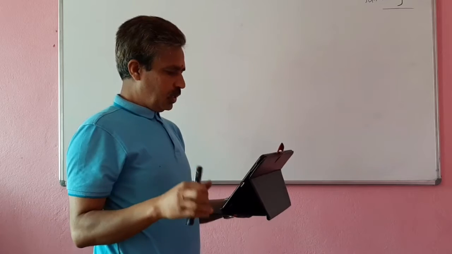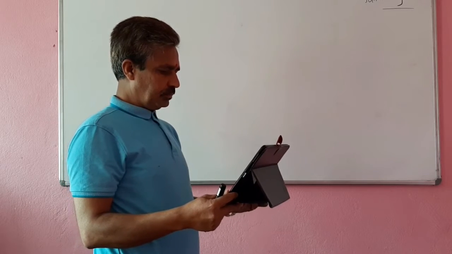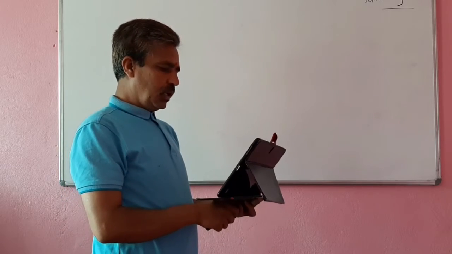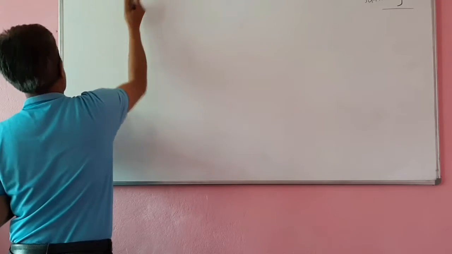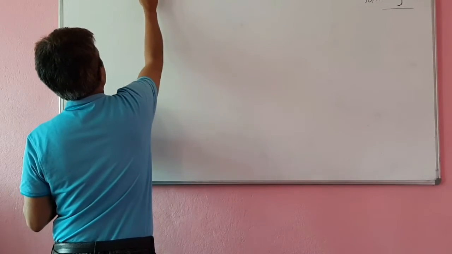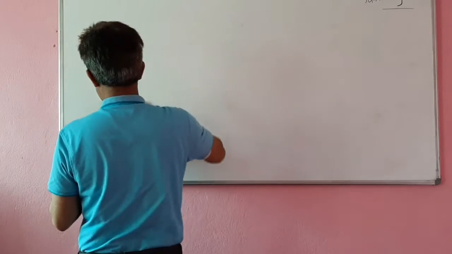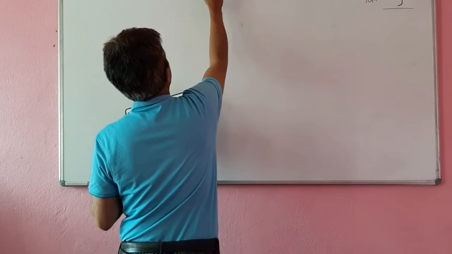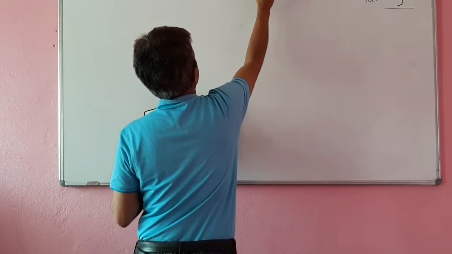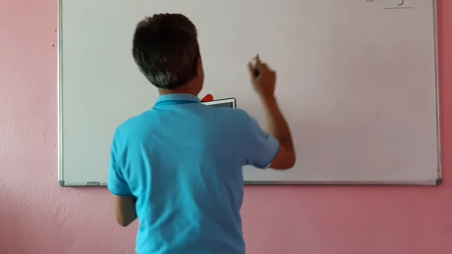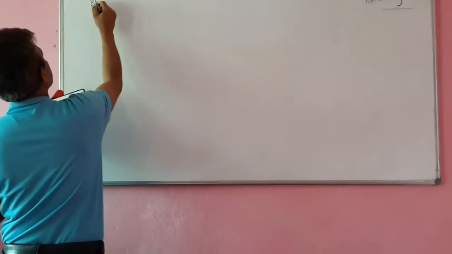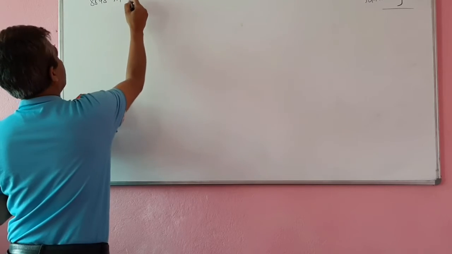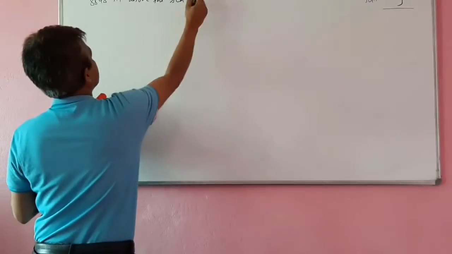Question number 4 says, find small g on the top of Mount Everest, which is 8848 meter above the sea level.